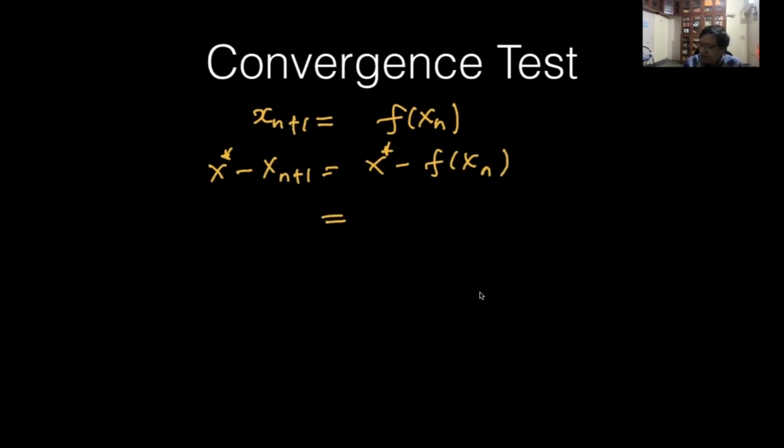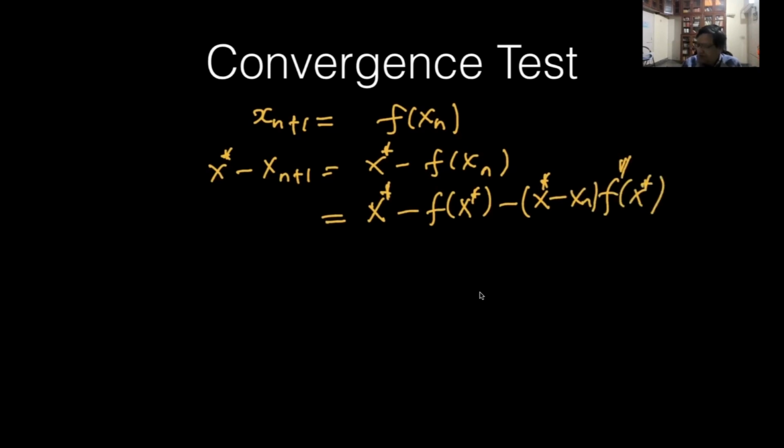So I do the Taylor expansion: f of x equals f of a plus f prime of a times x minus a. So it's the other way around. x star minus f of x star, minus x star minus x n, times f prime of x star.